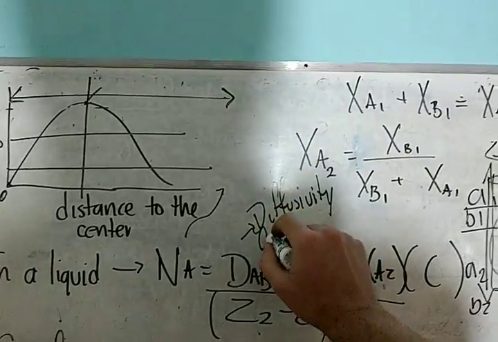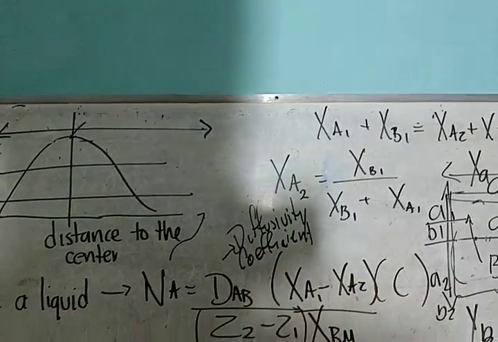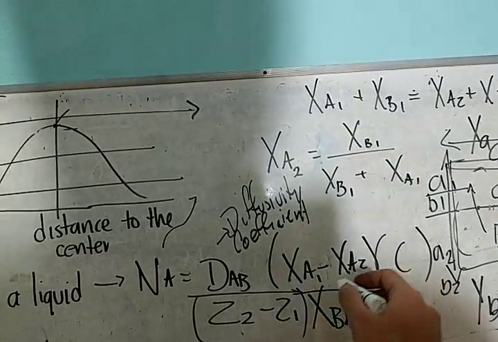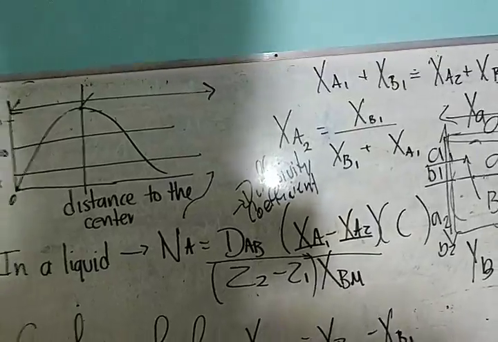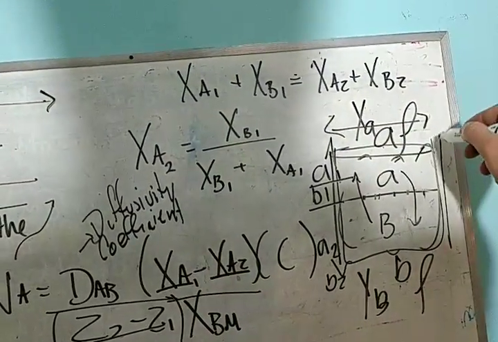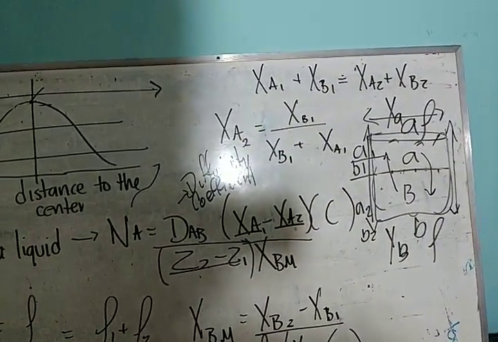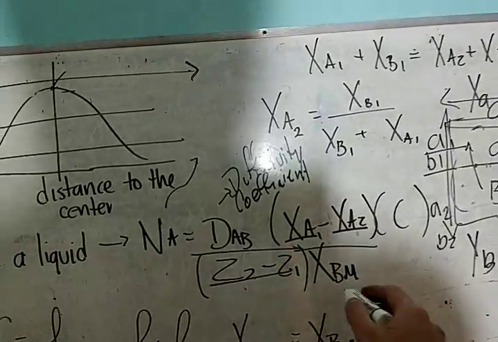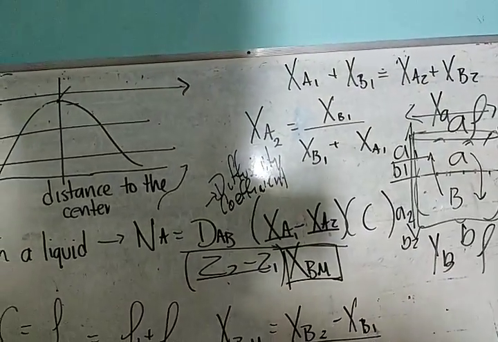This one, don't forget, is a coefficient, and it's already given. These are going to be the fractions of the component. Also, the distance, remember, is the distance that we're going to be moving around. Also, we have the other liquid that we're mixing.